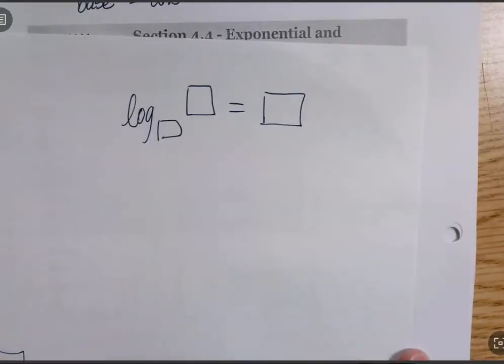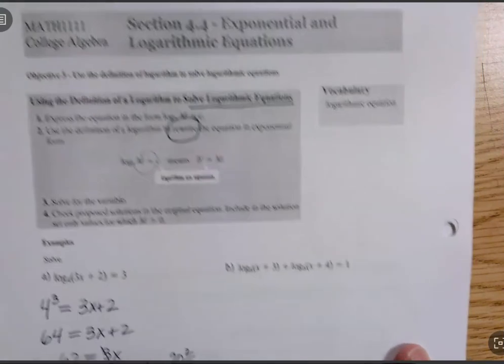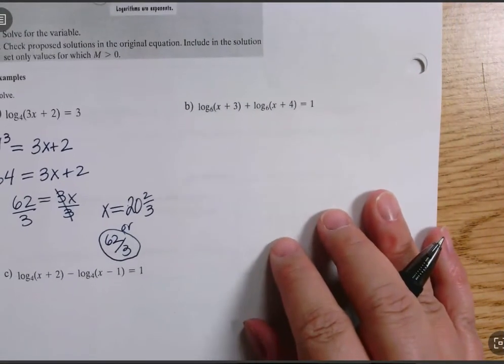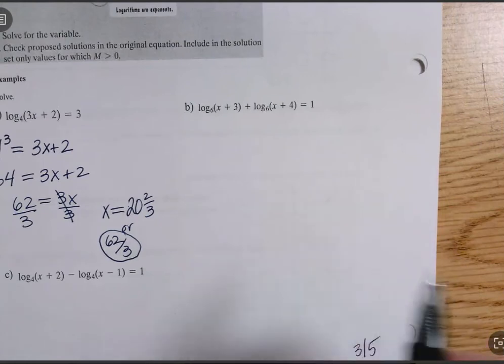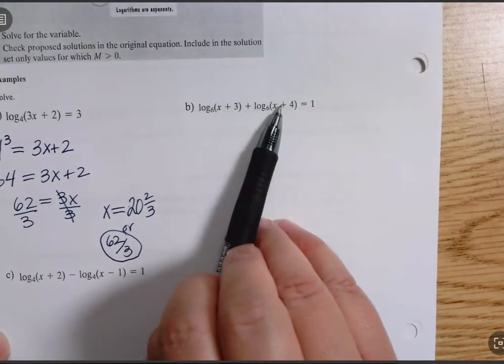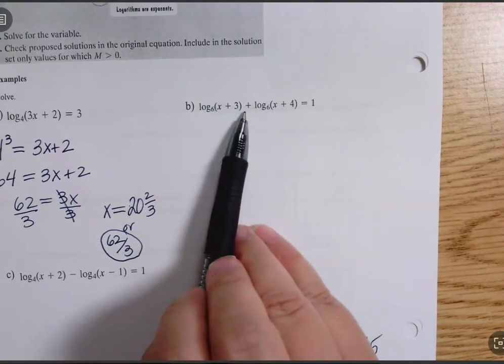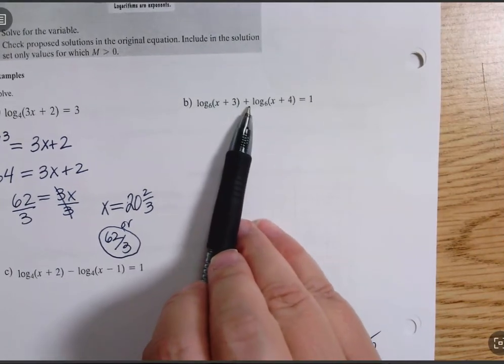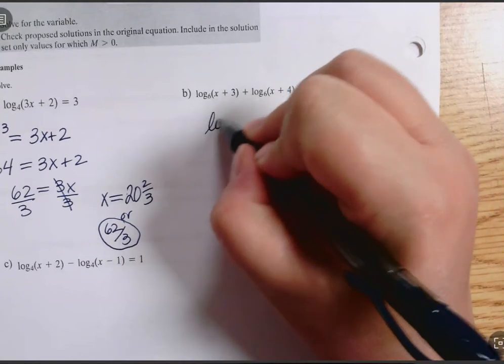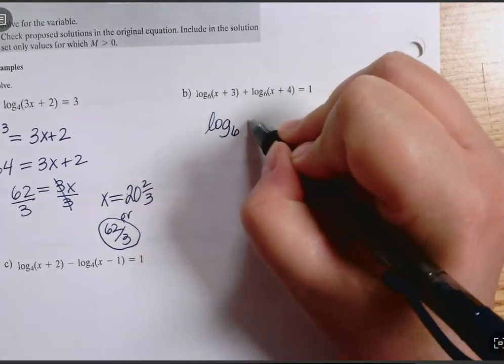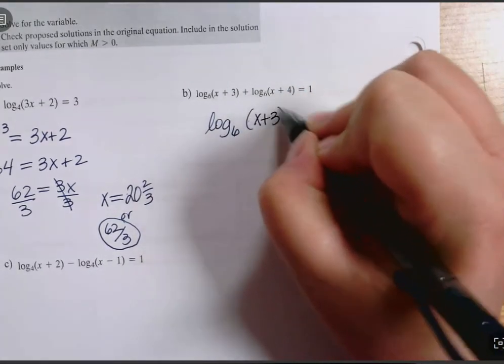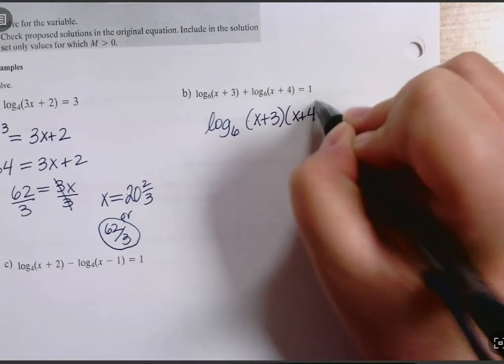If you have multiple logs on one side or something else, you need to figure out, can I simplify this so that it's just one log on one side? And the answer here is yes. It's addition, so that would be multiplication. I can put those together. I can condense that expression by multiplying x plus 3 and x plus 4.